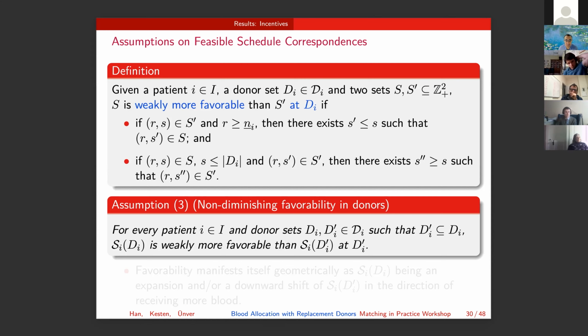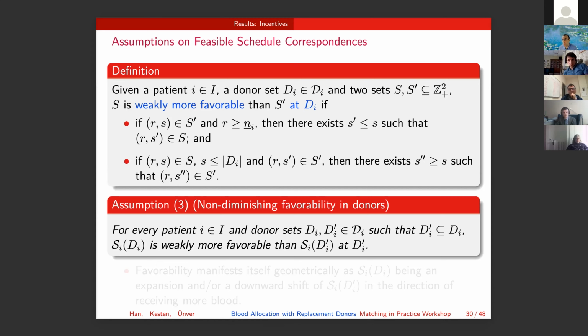it literally says the following: if there are two sets of schedules S and S prime, I will say S is weakly more favorable than S prime if wherever R is in S prime, then, as long as it is possible, there exists a schedule in S in which the patient donates less or exactly the same amount and receives the same amount as under S prime.